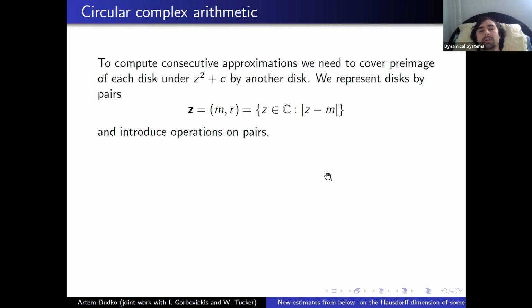For that, we consider a disk, which we denote simply by one letter, bold Z, and introduce operations on this disk. So we need to introduce two operations: difference of two disks, to make sure that the image of our operation is covered by another disk, we need to sum up the radii.